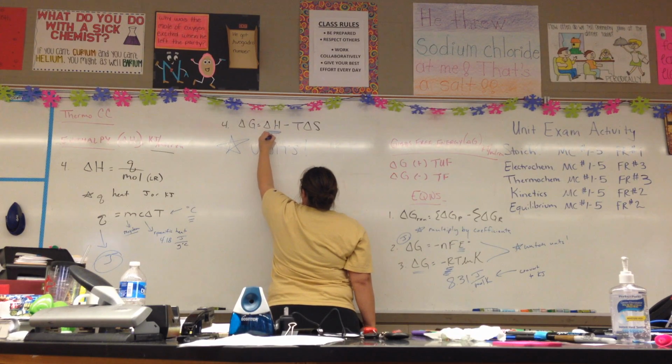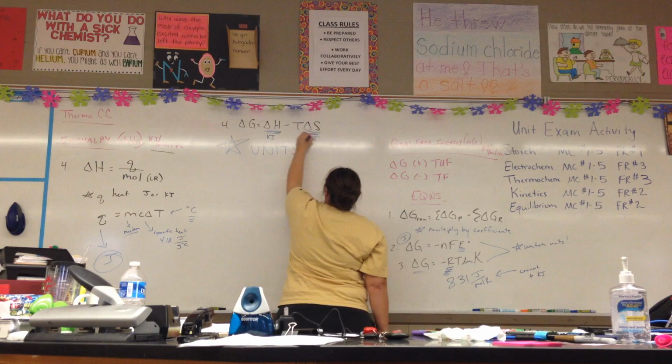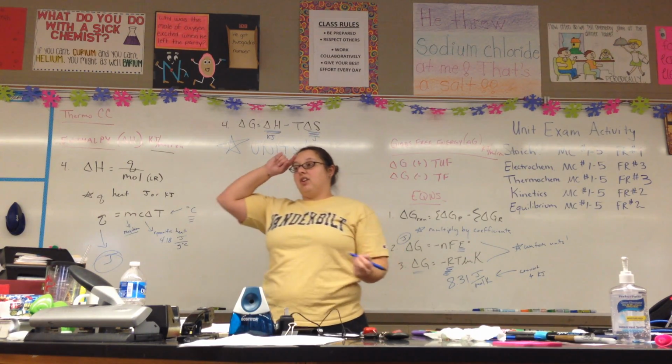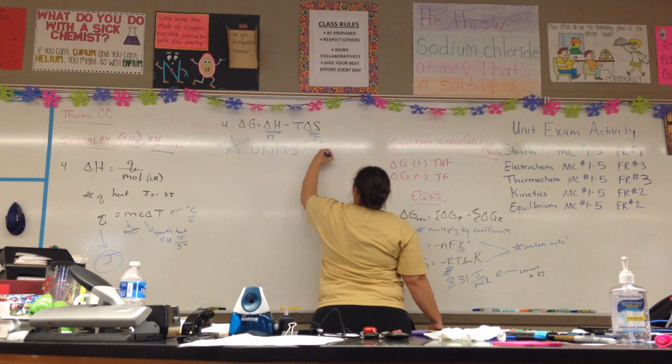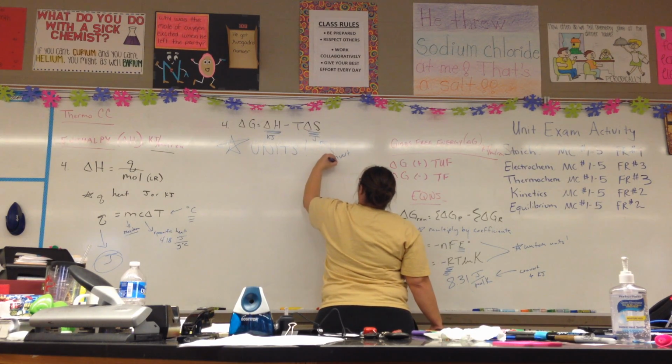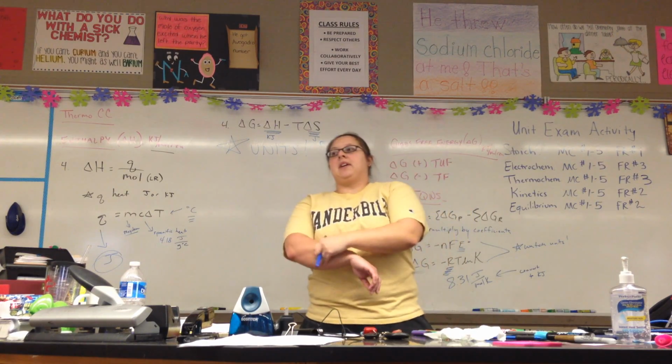This delta H is in kilojoules. This delta S is in joules. So what do you have to do? Convert your delta S to kilojoules. Please don't forget that. That's an easy way to lose points.